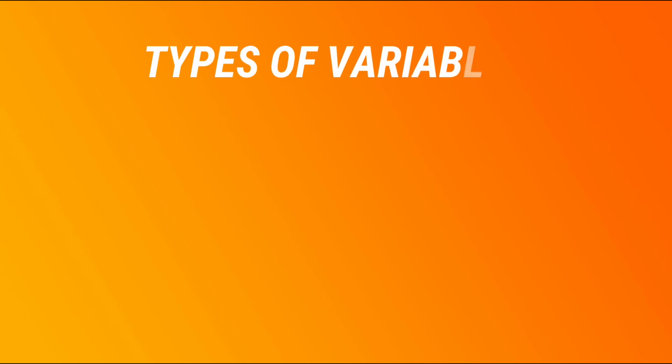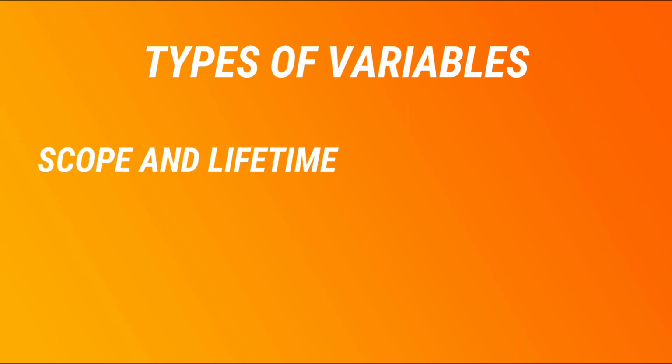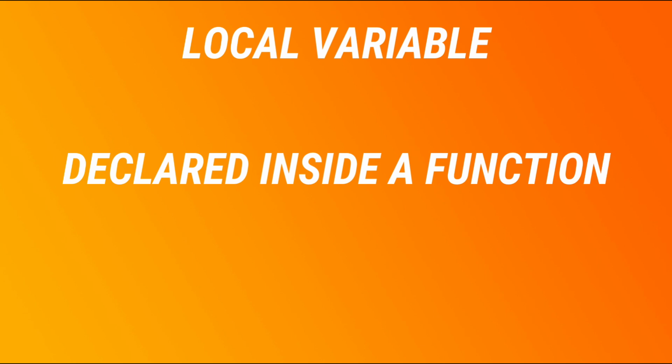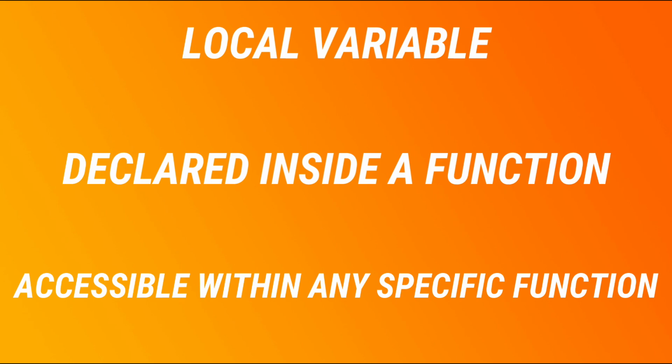Now let's move on to the types of variables. Basically, they can be classified based on their scope and lifetime. The main types of variables based on scope are local variable, global variable and static variable. A local variable is declared inside a function or a block of code, and is only accessible within that specific function.